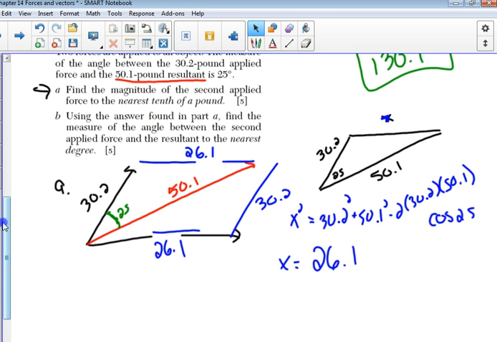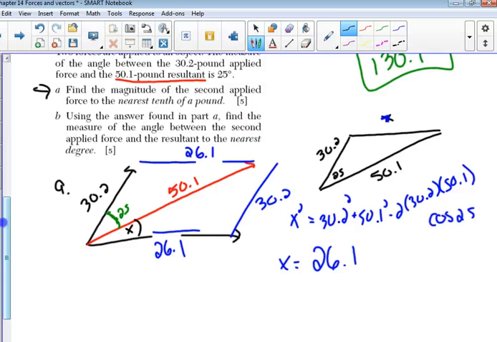Find the measure of the angle between the second applied force and resultant. Okay, so this time you guys are looking for the little baby piece underneath. Come on. Can you guys just do what you just did though?